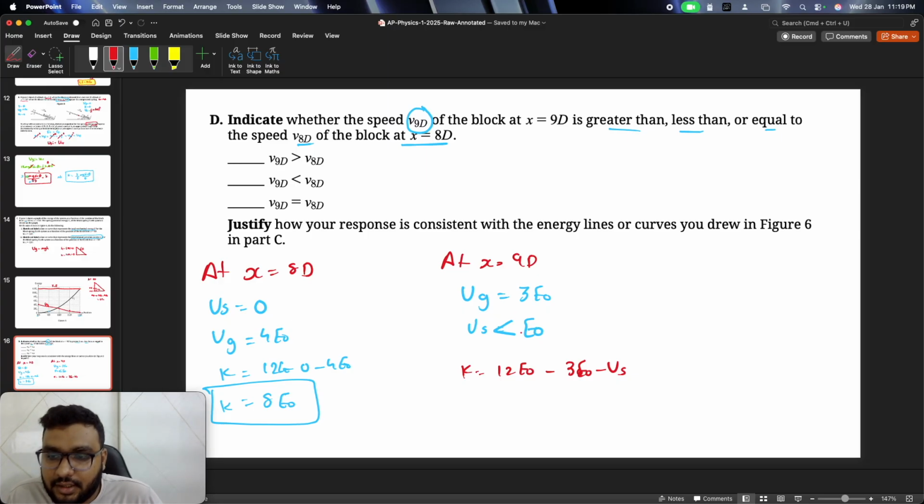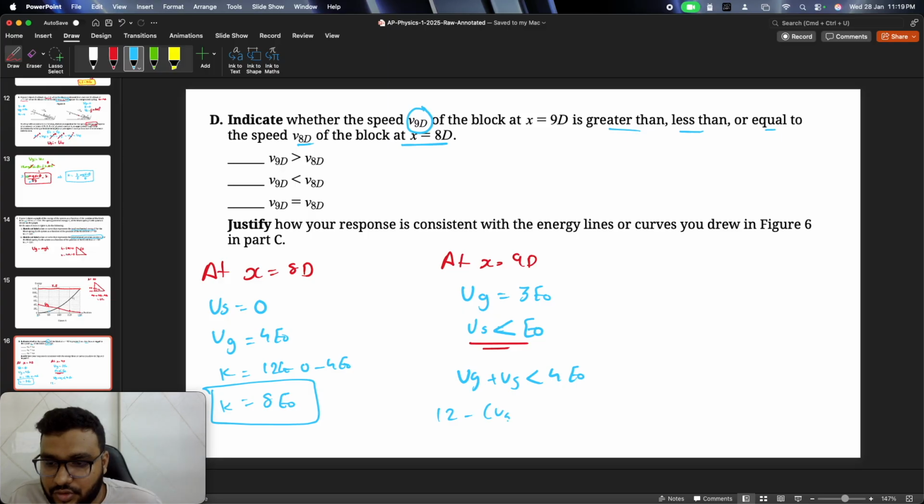As I'm subtracting, this amount is less, Us is less than E naught. Or I can also write it in terms of comparison. What I can say over here is that Ug plus Us is definitely going to be less than 4 E naught. Now if I subtract from 12 on both sides, 12 minus (Ug plus Us) is greater than 12 minus 4 E naught, I'll get the value of kinetic energy, which is greater than 8 E naught.